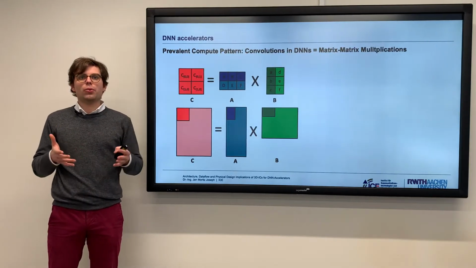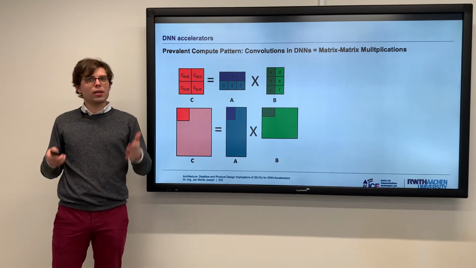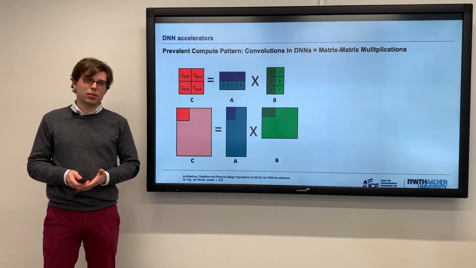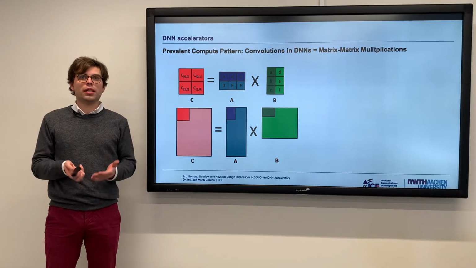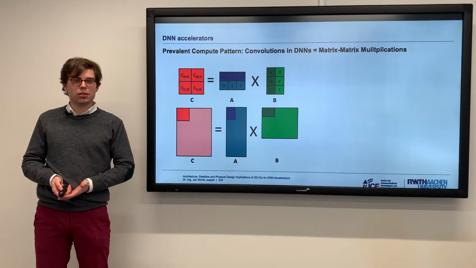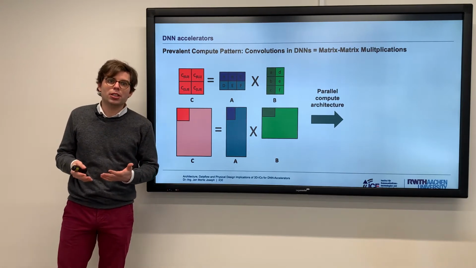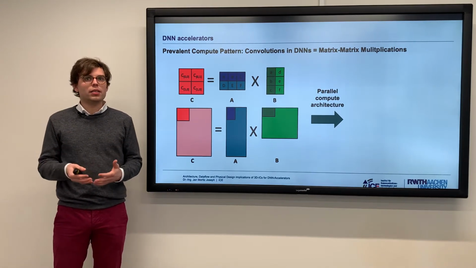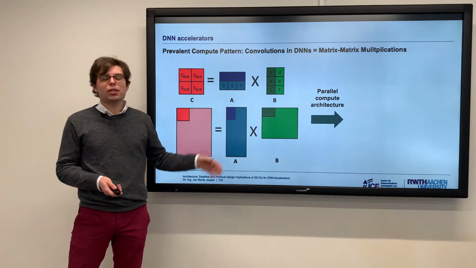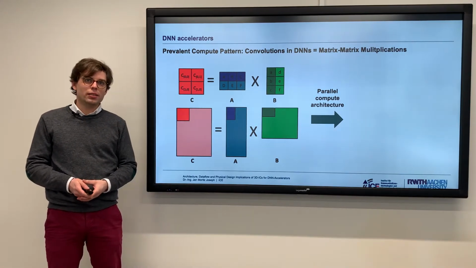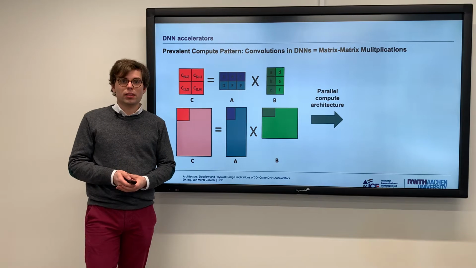If you want to accelerate DNN workloads, you have to take a look at the prevalent compute patterns. These are convolutions that yield matrix-matrix multiplications. Matrix-matrix multiplications can easily be parallelized using the atomic multiply and accumulate operations that you find in this mathematical scheme.